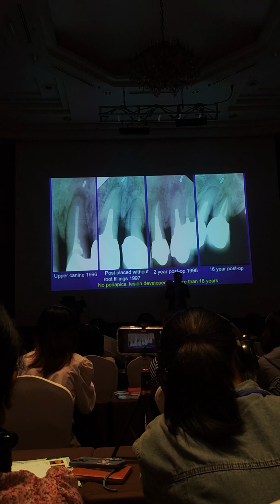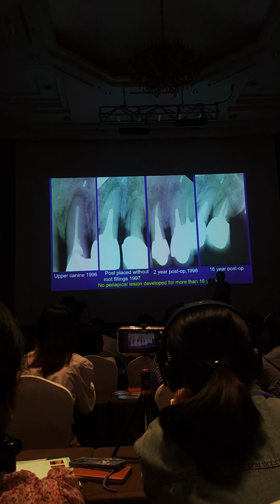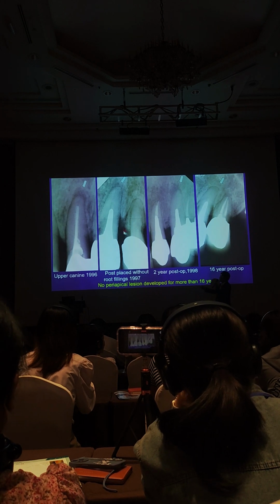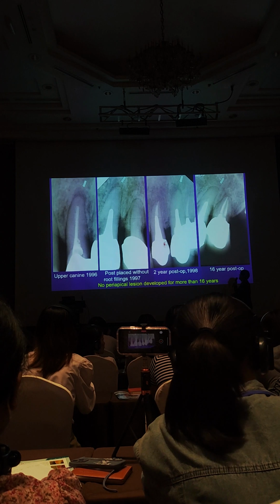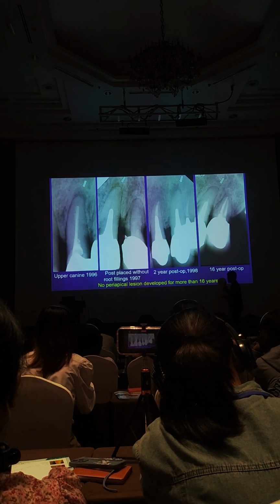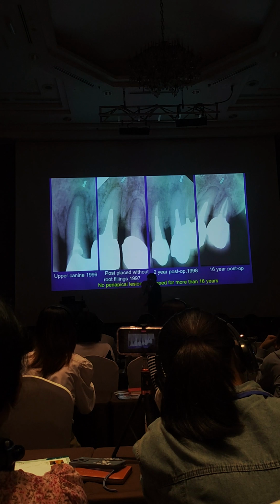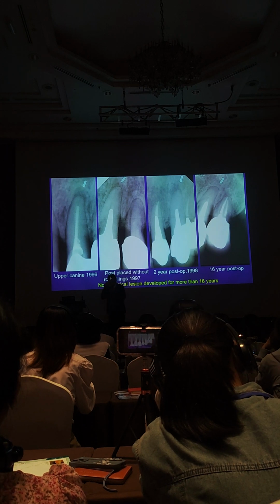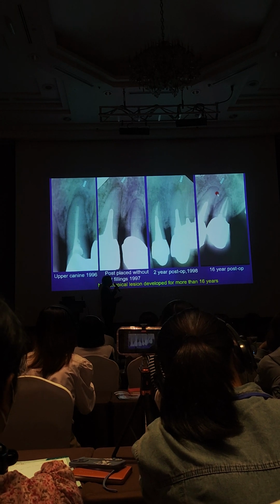I used the rubber dam and I cleaned and shaped the root canal without gutta-percha fillings. I waited 2 years. Now the lesion became very small, and this is 16 years post-op. Now the lesion is completely gone, and the tooth was completely asymptomatic without any root fillings here.